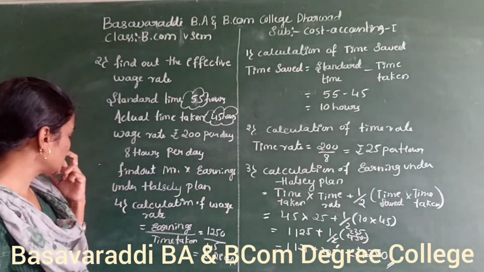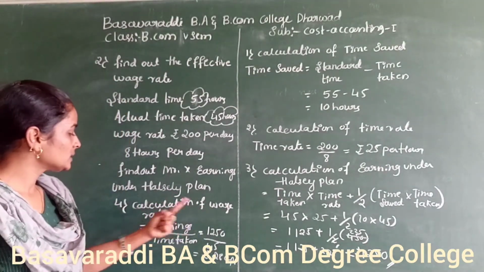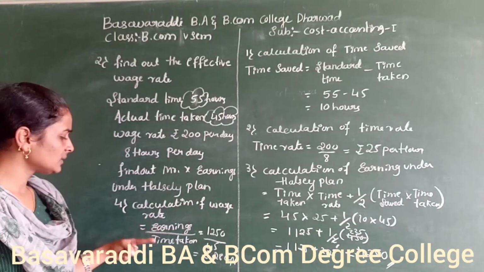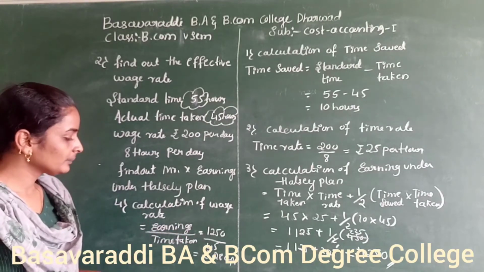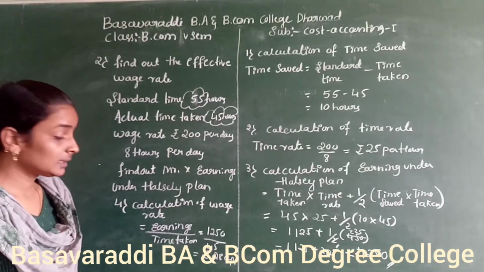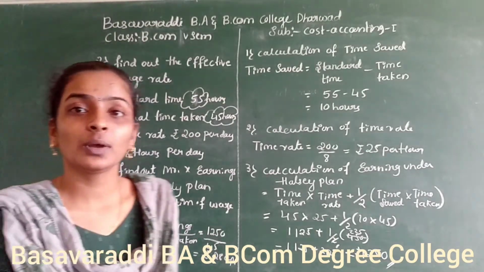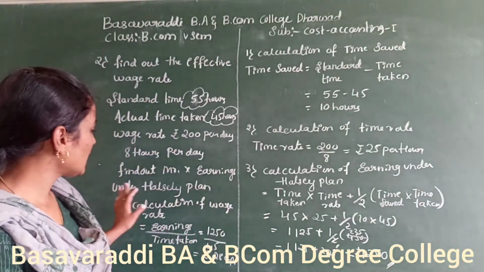The next one is calculation of wage rate: earnings divided by time taken, 1250 divided by 45, that is rupees 28. Okay, I hope you understood how to calculate the Halsey plan.